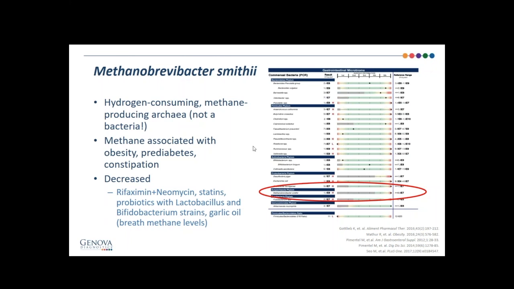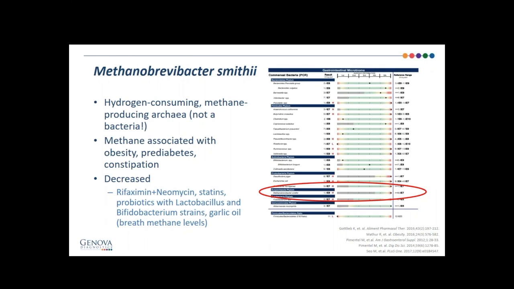And it's shown to be decreased with rifaximin plus neomycin. This was a smaller study on 11 pre-diabetic obese patients who were treated with these two antibiotics. And not only did they eradicate the Methanobrevibacter smithii and also lower breath methane levels, but they also improved LDL, total cholesterol, and insulin levels.